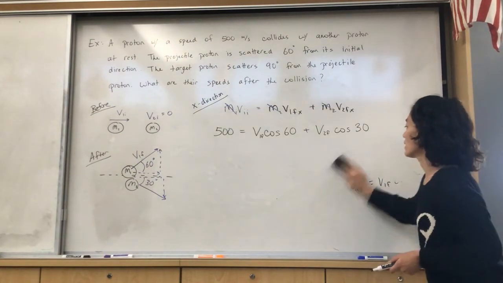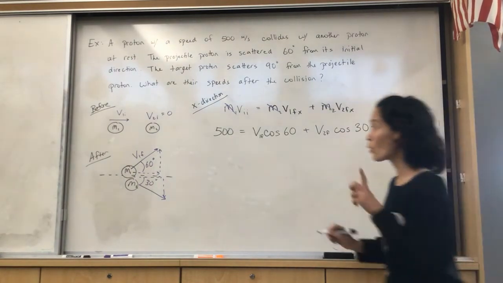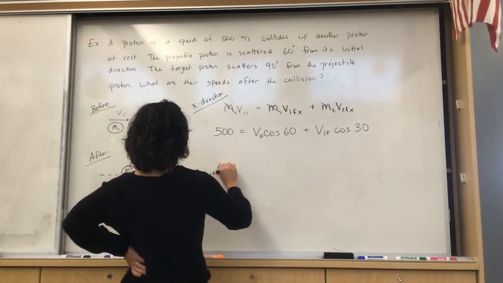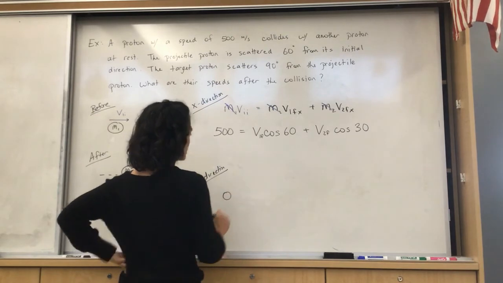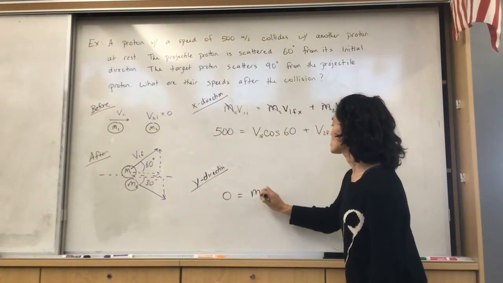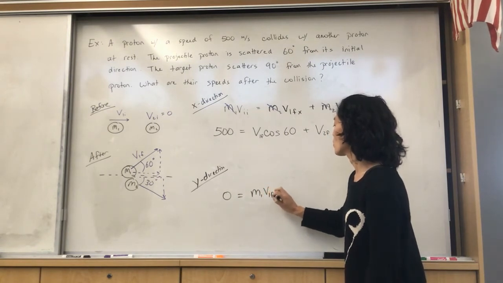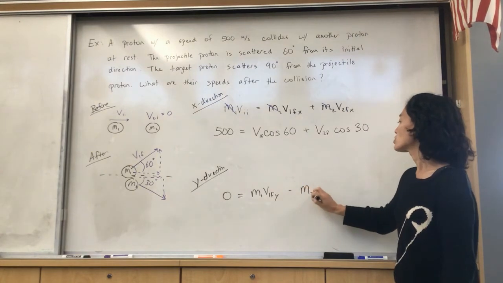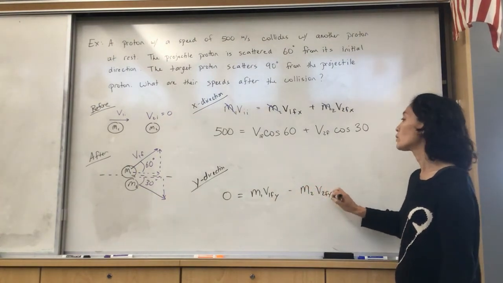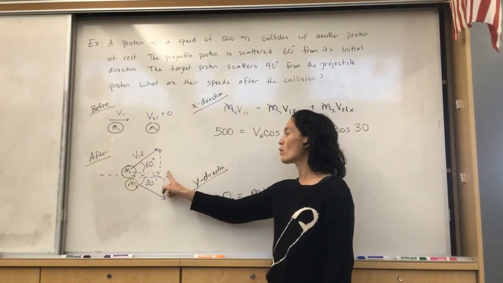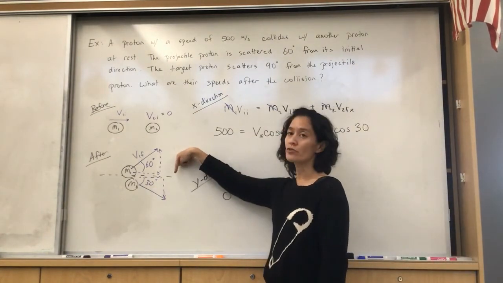Now I'm going to think about the y direction. What's easy is I have no momentum to begin with in the y direction, it's 0. But afterwards I have m1 V1 final y minus m2 V2 final y. The reason I'm subtracting these is because V1 final y is going up and V2 final y is going down.